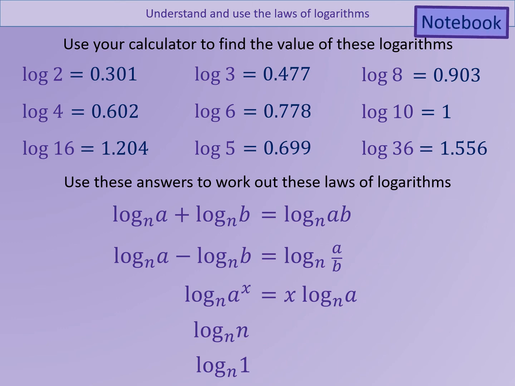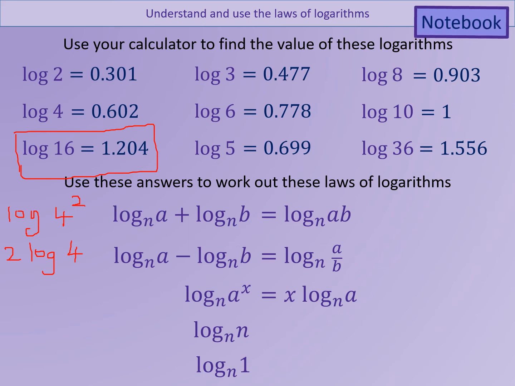So an example of that would be log of 16 is the same as log of 4 squared. And if I bring that power down to the front as a coefficient, then it can be written as 2 lots of log 4.